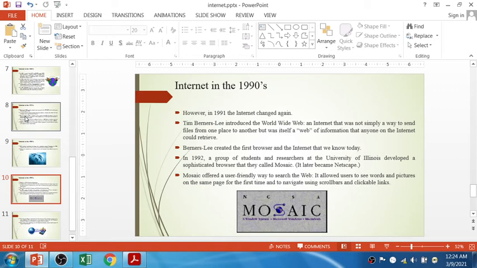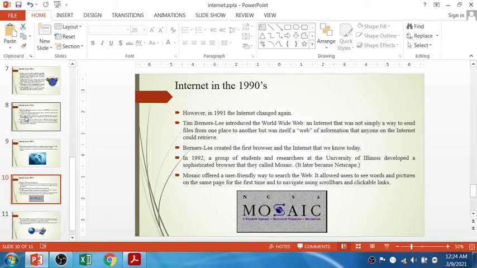In 1992, a group of students and researchers at the University of Illinois developed a sophisticated browser that they called Mosaic. It later became Netscape Navigator. Mosaic offered a user-friendly way to search the web.